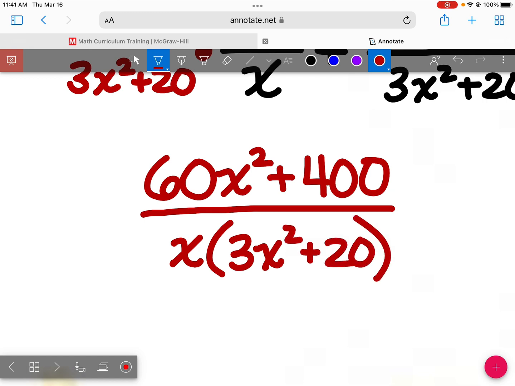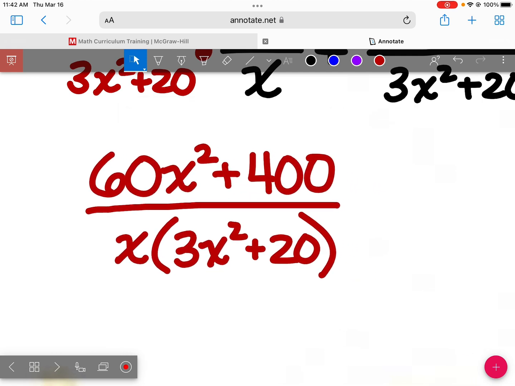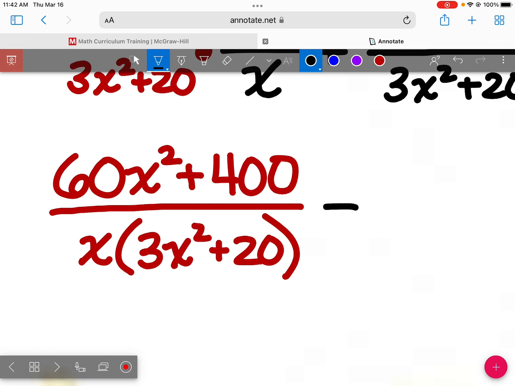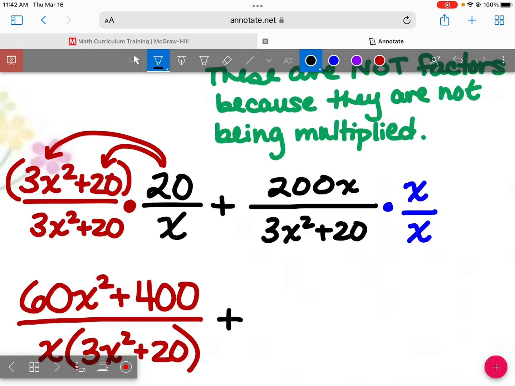I can write it down just with those two pieces being multiplied. You don't have to distribute on your denominator. You do in the numerator, you don't have to in the denominator. Plus. What happens over here?